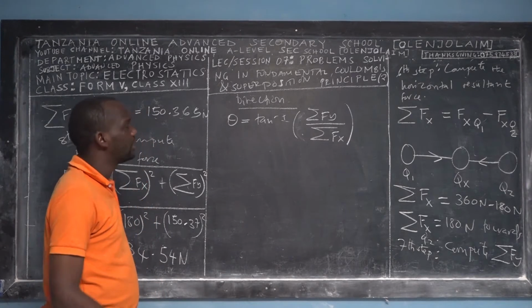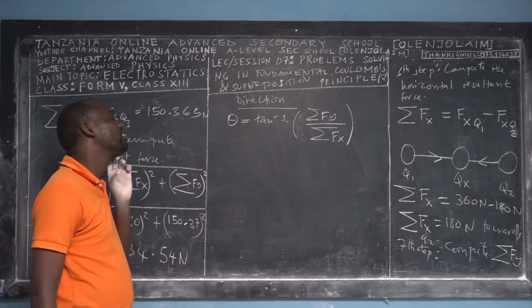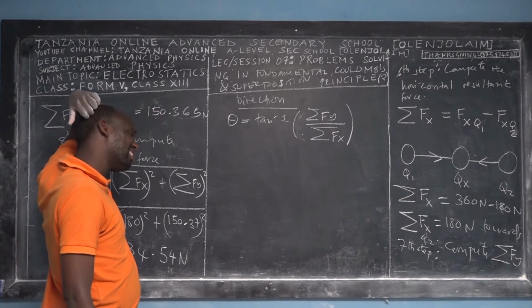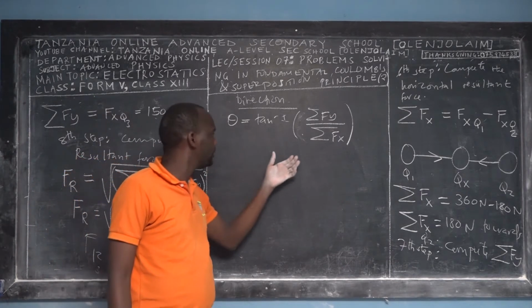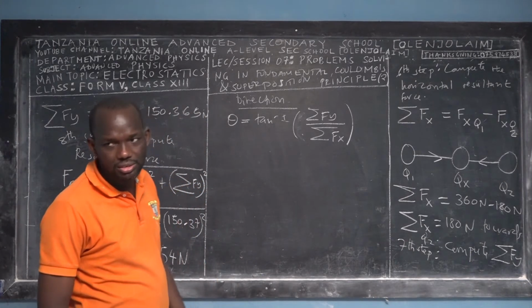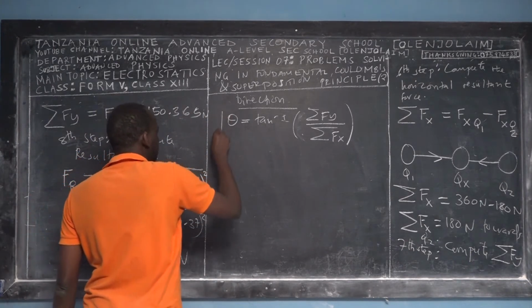So you have the vertical components over the horizontal components. Sometimes if the sides are not given in the table, this relation also gives you the direction. So add this formula in your mind.